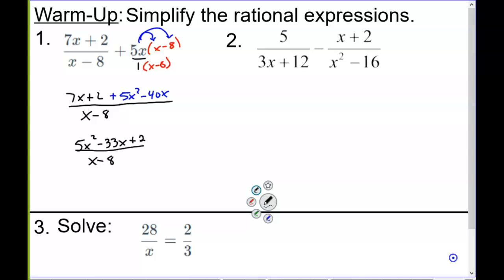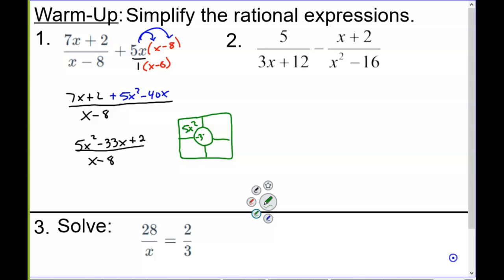Now what you should do here is check. You might be able to do this in your head, but if you were to factor the top, you would multiply the 5x squared and the 2, and you'd get positive 10x squared. And then you'd think, well, are there any factors of positive 10x squared that add up to give me the middle term, negative 33x? And you might say no, but I'll just share with you kind of what my brain is going through.